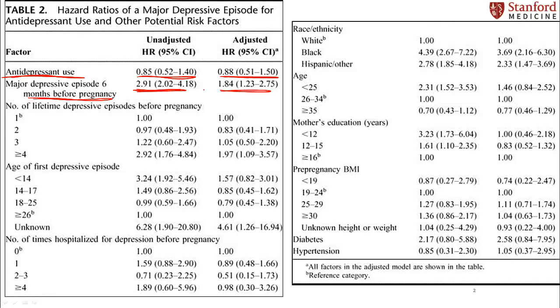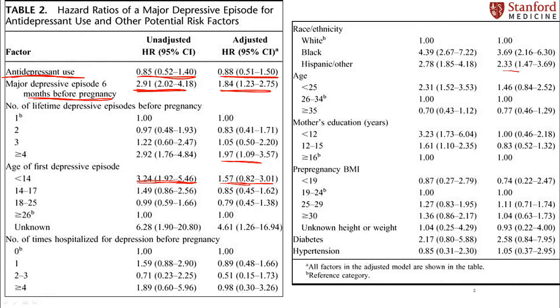After adjustment, that got attenuated, but it was still elevated, an 84% higher rate or risk of having a major depressive episode during pregnancy. There was some elevation in risk if you'd had a larger number of depressive episodes before pregnancy. Looked like if your age at your first depressive episode was below 14, there was some elevation of risk, although again that went away in the adjusted model.